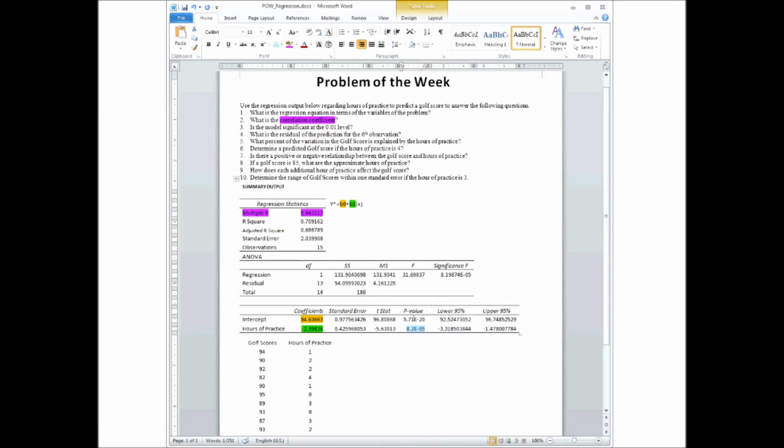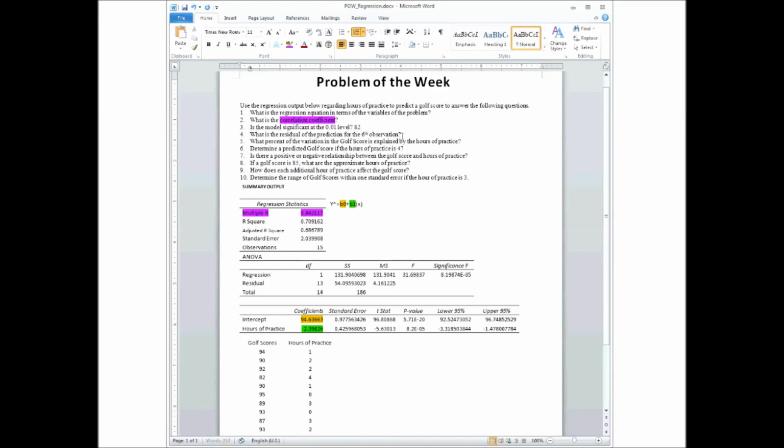At first glance, you'll say, oh, 8.2 is higher than 0.01. However, this e to the negative 5 actually means something. It means you take 8.2 and move the decimal place 5 spaces to the left.